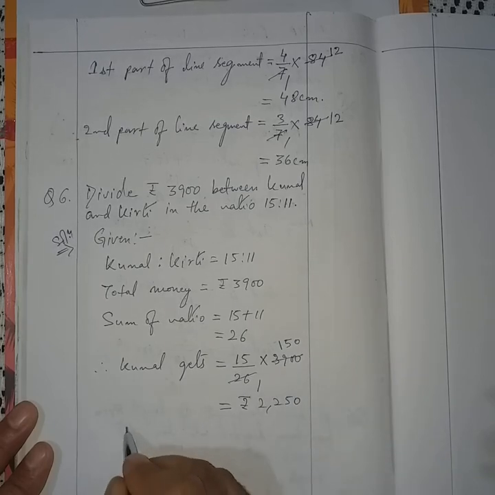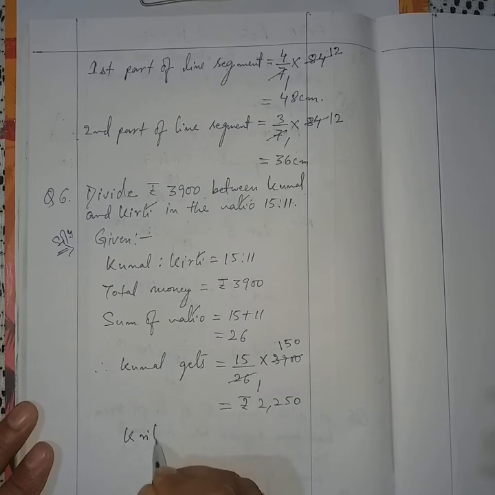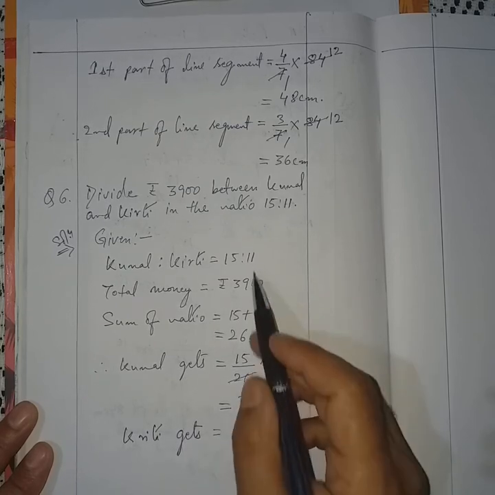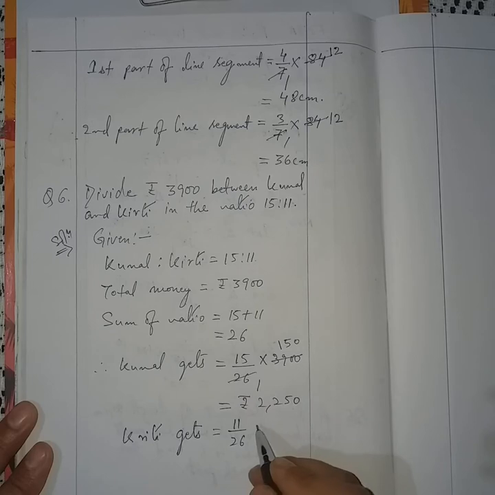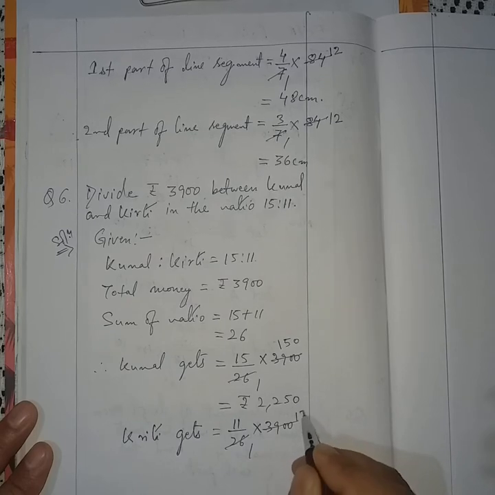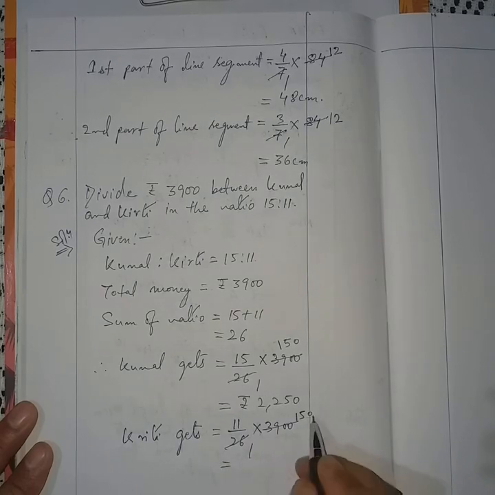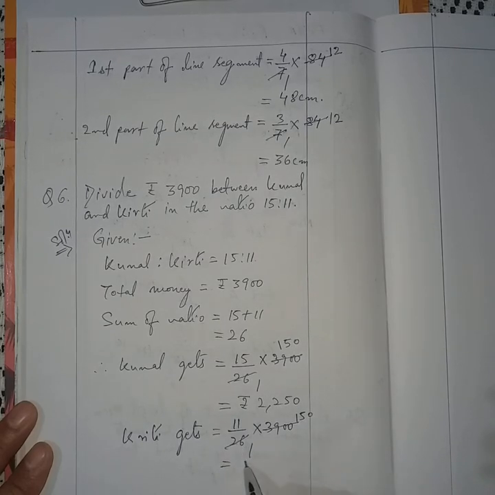Now next is Kriti. Kriti gets how much? Kriti gets 11 by 26 into the total amount 3900. Again we'll get the same here: 150 into 11 is rupees how much? 1650.